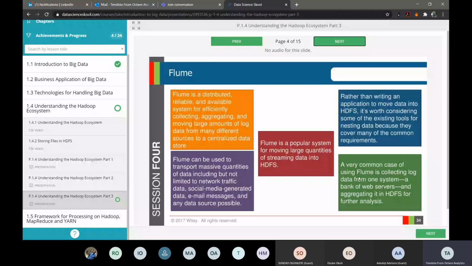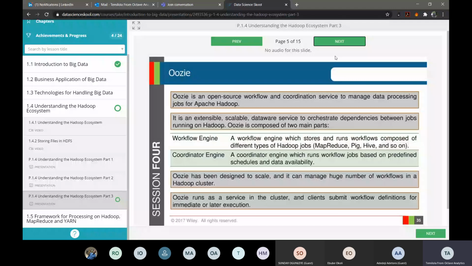Okay. Then you have your Oozie also. Your Oozie is also another application used in interacting with your Hadoop ecosystem. Like I said, it is an open source workflow and coordination service to manage data processing jobs for Apache Hadoop. It is an extensible, scalable data web service.